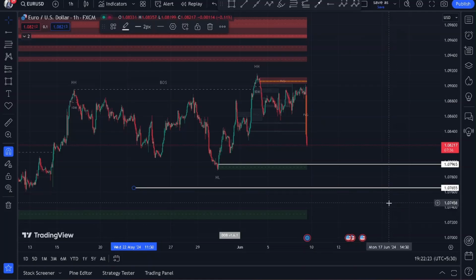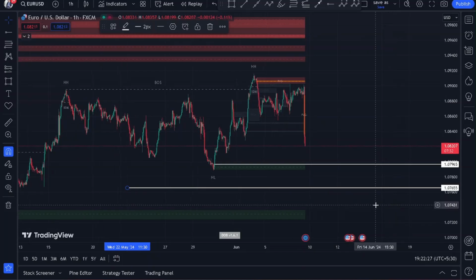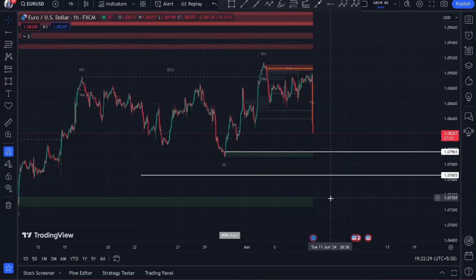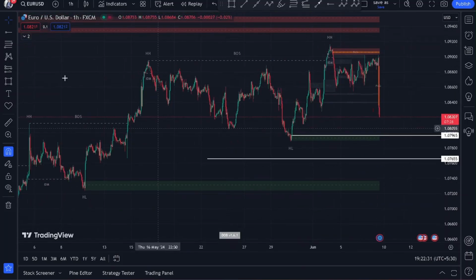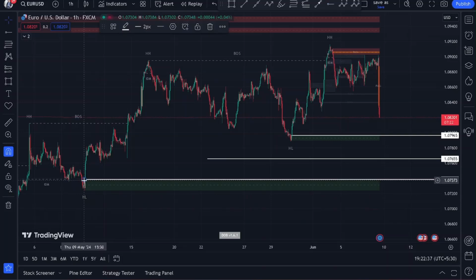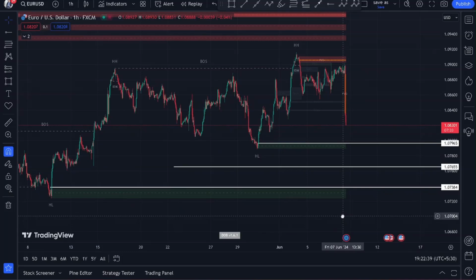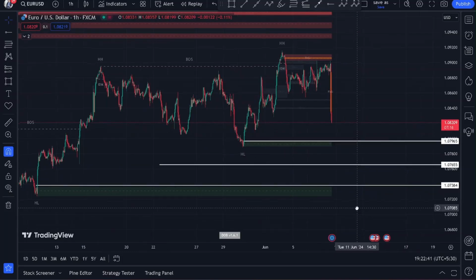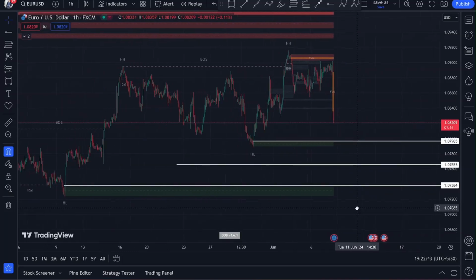So we wait at 1.07655 level to buy, or another entry could be the order block which is not mitigated at the previous break of structure, which is nearly at 1.07384.